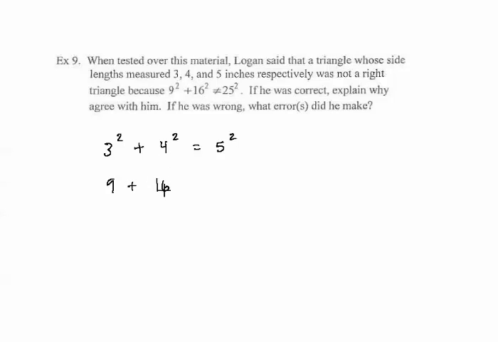We'll square 4 and we get 16. We'll square 5 and we get 25. And then 9 plus 16 equals 25. Okay, so I would say that Logan, he squared the numbers and then he squared them again. Okay, if we want to check this, we could write down what Logan had.